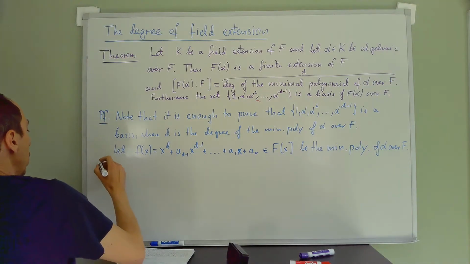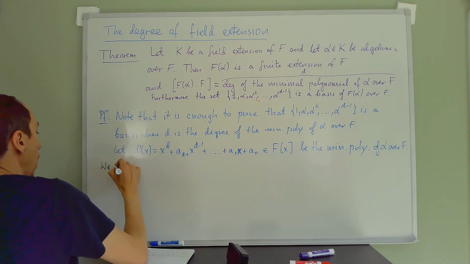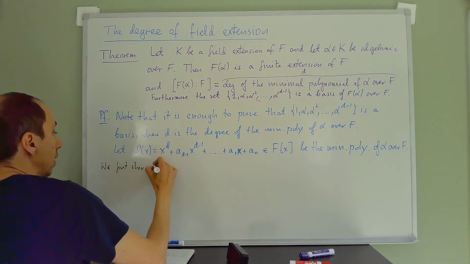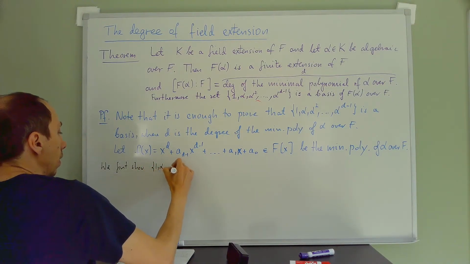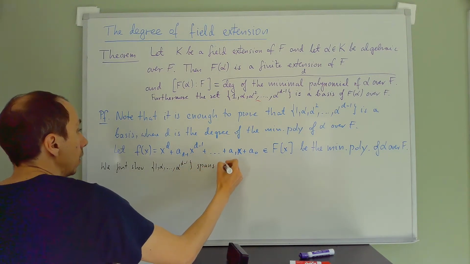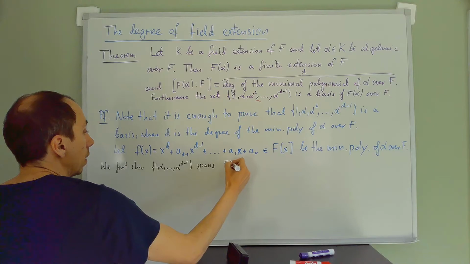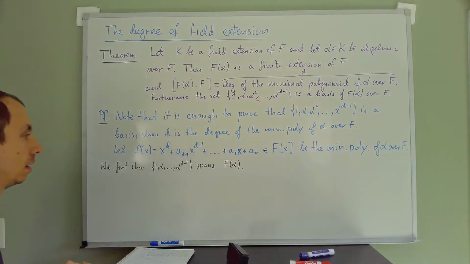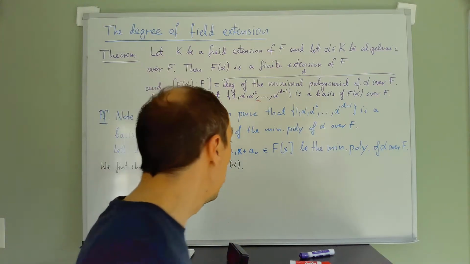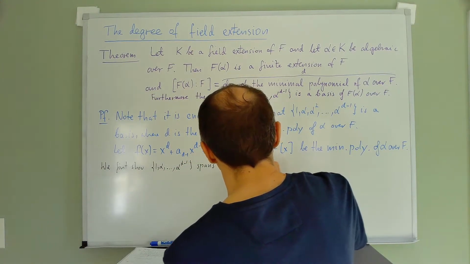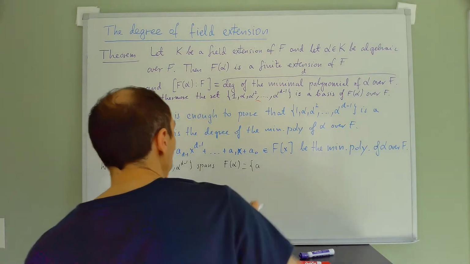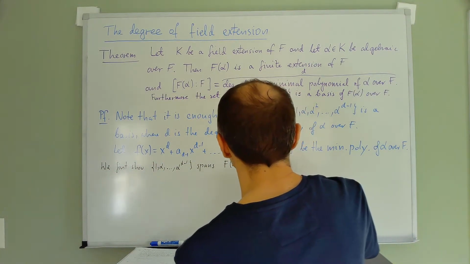So I need to show two things, right? So we first show that the set spans f of alpha. What is f of alpha? F of alpha, oh, I shouldn't use the a0 and a1 now, so I'm going to use b's.